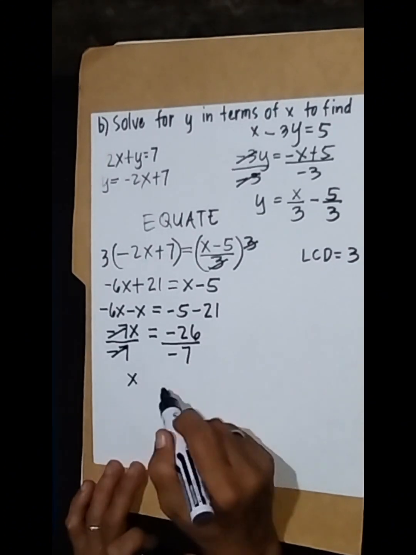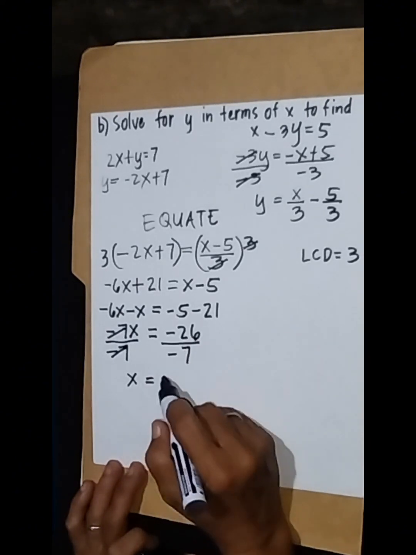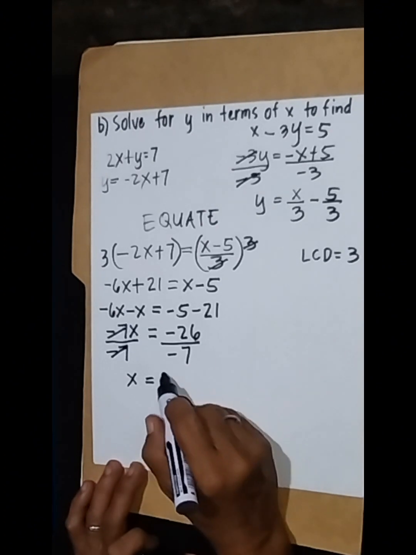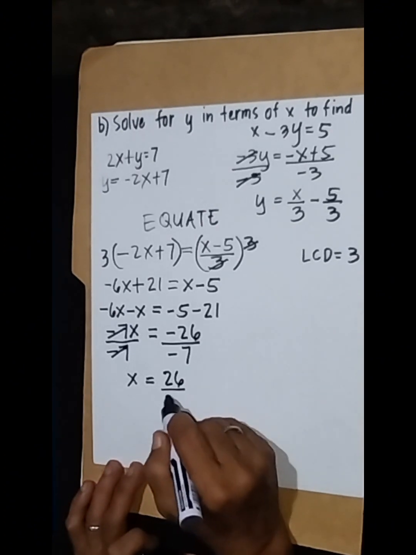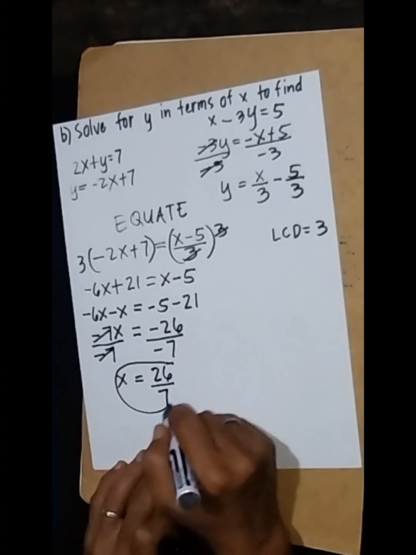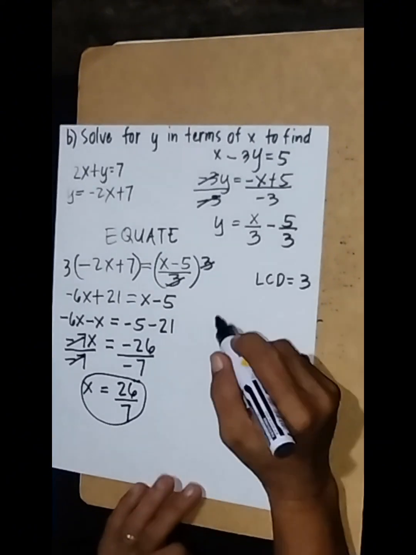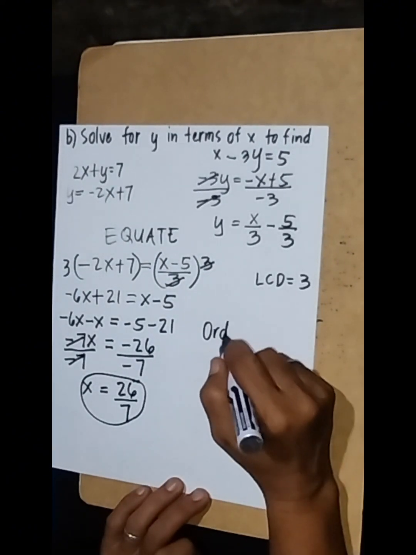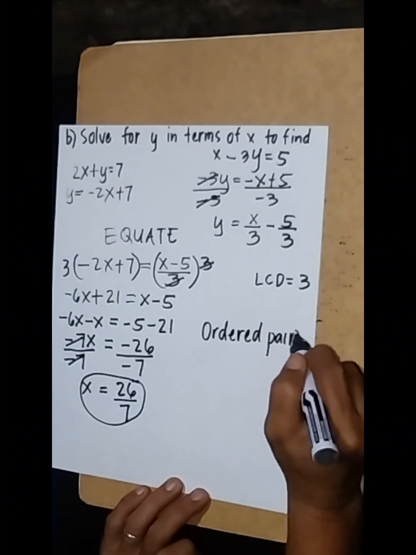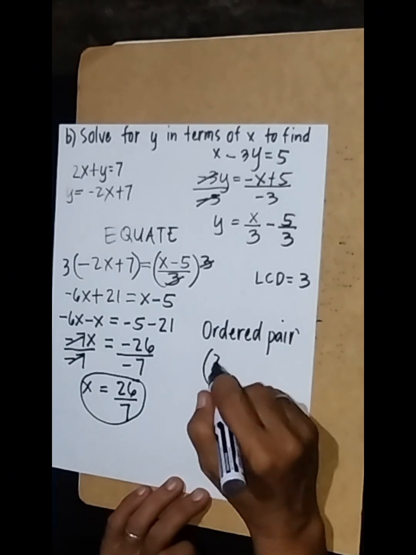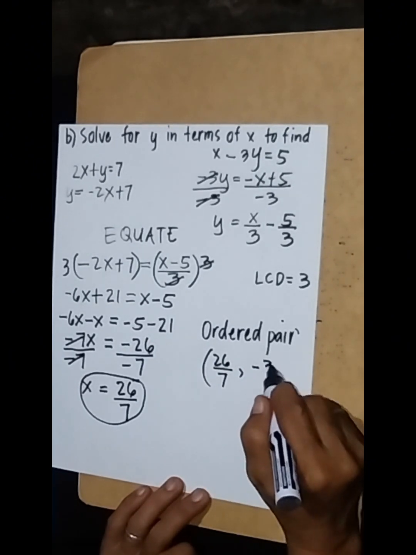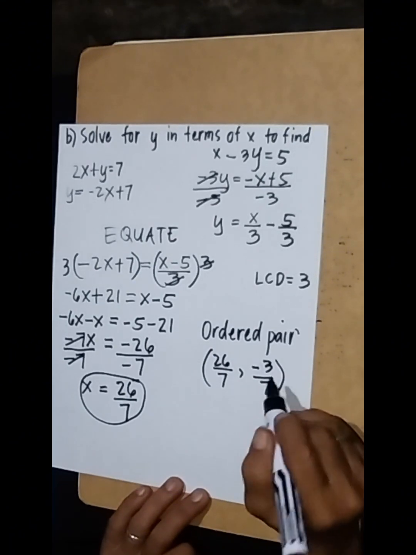So, x is equal to positive because negative divided by negative is positive. So, 26 over 7. So, mayroon na po tayong value of x. So, our ordered pair, we have x 26 over 7, y we have negative 3 over 7.